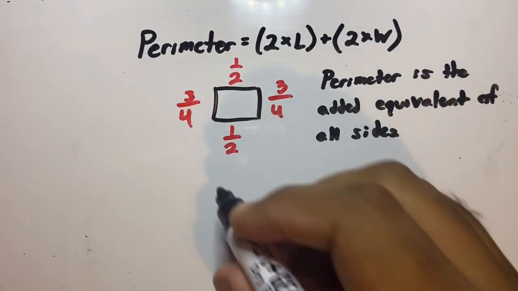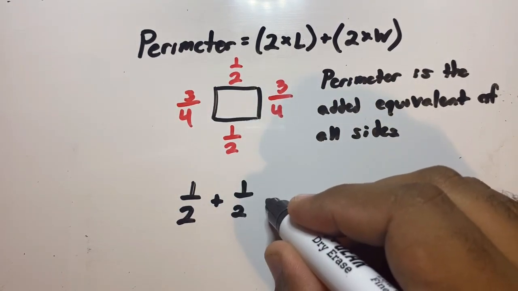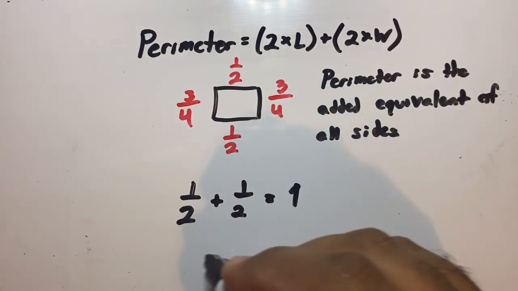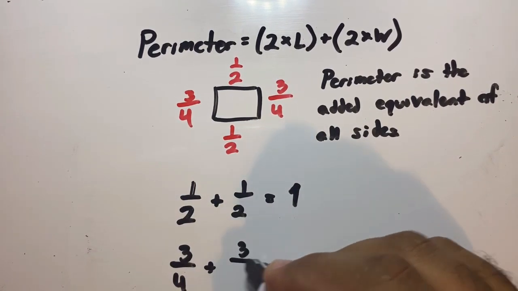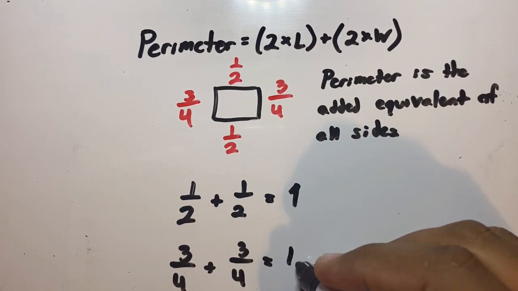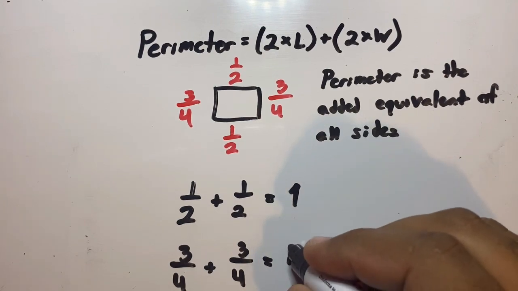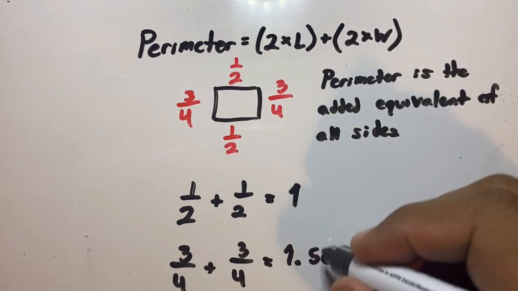So all we're gonna do is half plus half, which equals 1, and then 3/4 plus 3/4 equals 1.5 or 1.50. So now you're just gonna add 1 plus 1.50.